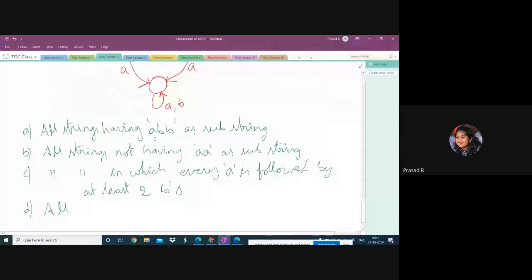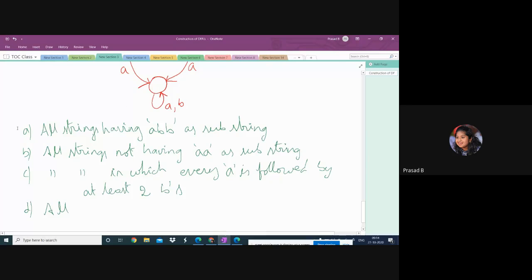First one, all strings having ABB as substring. Second one, all strings not having AA as substring. Third one, all strings in which every A is followed by at least two B's. And D, all. Sir, can you show the diagram, please?